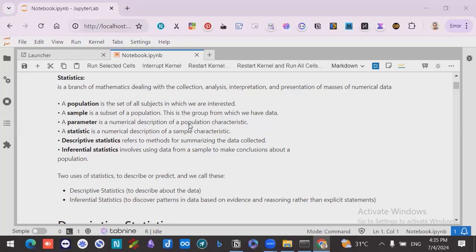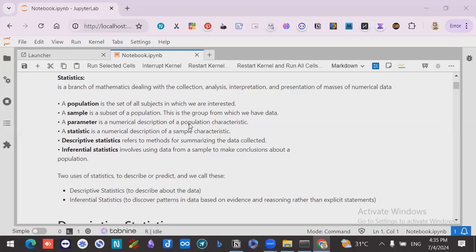That is called a parameter, which indicates characteristics of the population. Whereas a statistic indicates a group of people collected as a sample, mostly randomly, though there are different sampling techniques. But let's take the random way, and that indicates a statistic.